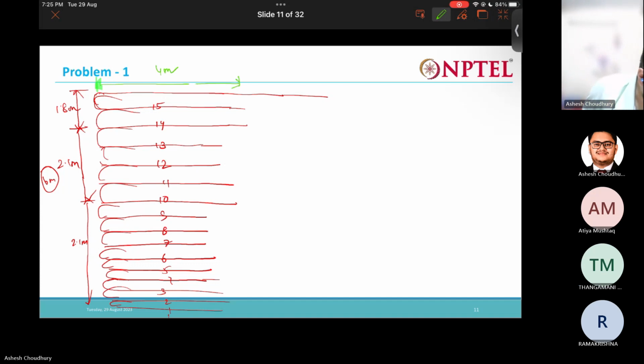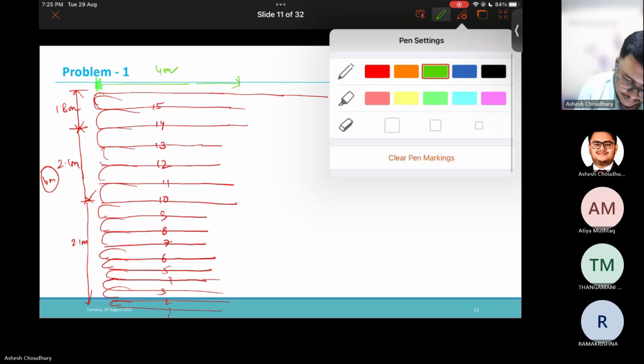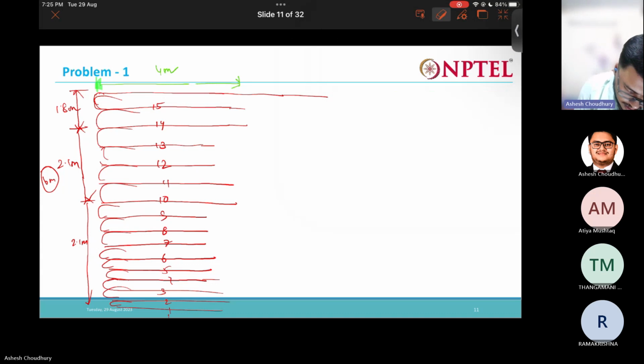Then we had 3 meter. Then 2 meters. 3 meter for 13, 12, 11, 10.